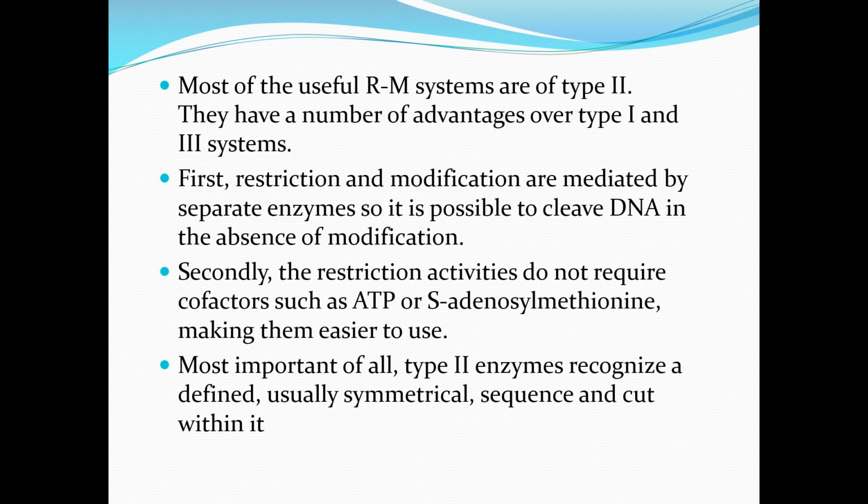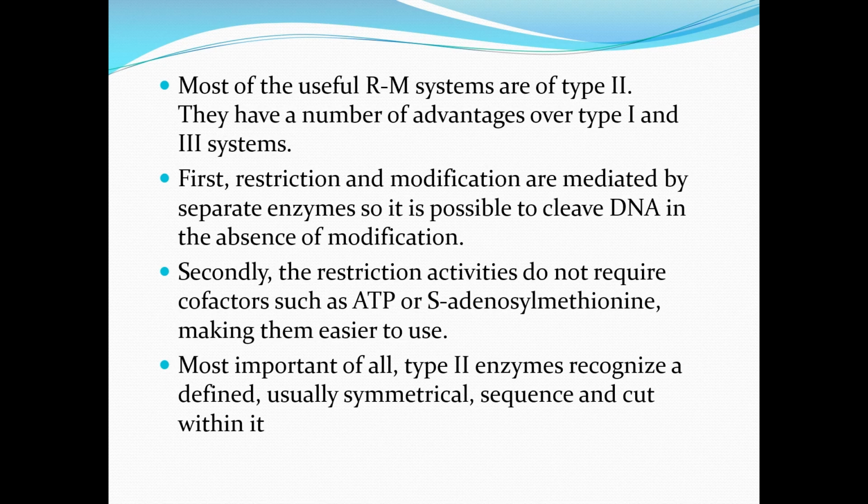The most useful restriction modification systems belong to type 2. They have a number of advantages over type 1 and type 3 systems. First, the restriction and modification are mediated by separate enzymes, so it is possible to cleave DNA in the absence of modification.